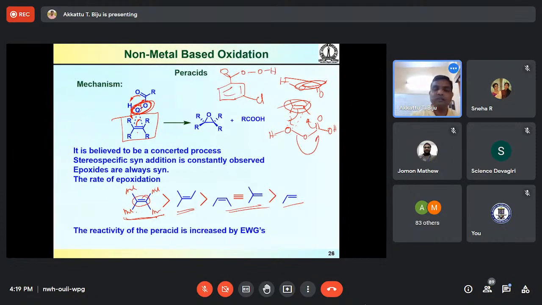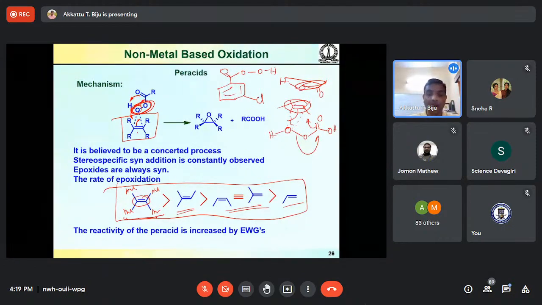And this is something very important, which is frequently useful in all problems involving epoxidation reactions, because normally people feel that if you have four methyl groups, the sterics will prevent the oxygen approach, but it is not the sterics, it is the electronics that favors the epoxidation reaction.